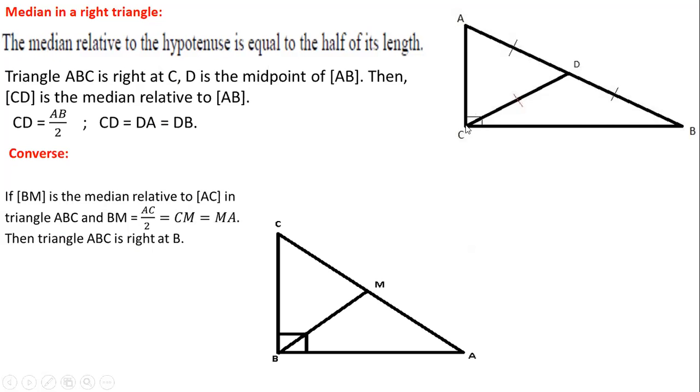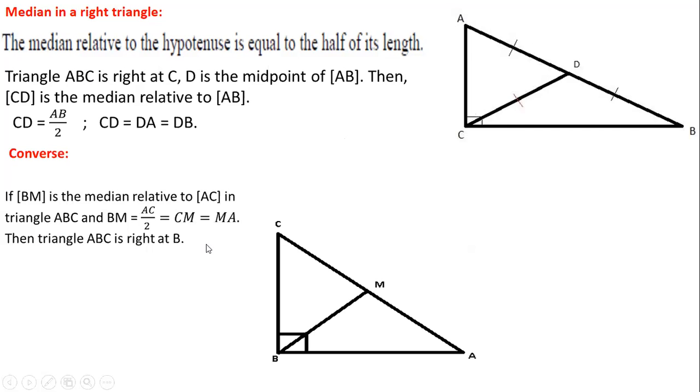If we draw the median relative to the hypotenuse, this median will be equal to the length of the hypotenuse over 2. Then CD will be equal to the length of AB over 2. But since D is the midpoint of AB, then CD will be equal to DA will be equal to DB.